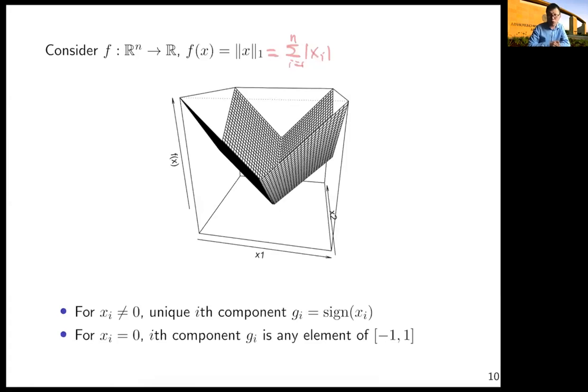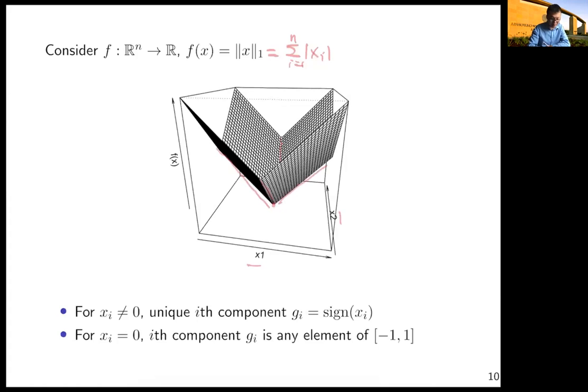We'll have a more general conclusion about this statement a little bit later. If we look at the visualized function of the one norm in 2 dimensions with x1 and x2, immediately you notice that the non-differentiable points of this function are not just the origin. There are also all these ridges where the function is not differentiable.